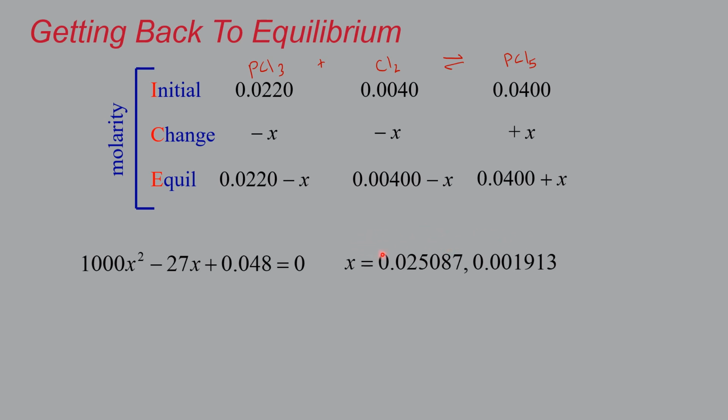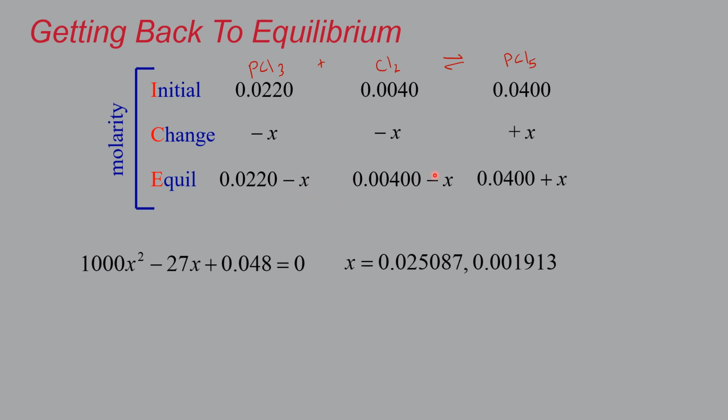Now you will note that in this case, they are both positive. So you can't just say the negative one is going to be the unreasonable root, and you shouldn't do that anyway. You need to look at the sizes here. And this one right here, the 0.02507, if you look, will give you a negative concentration of PCl3.